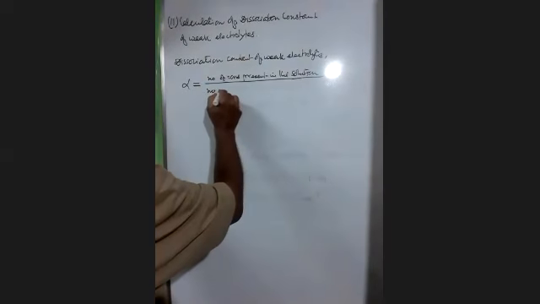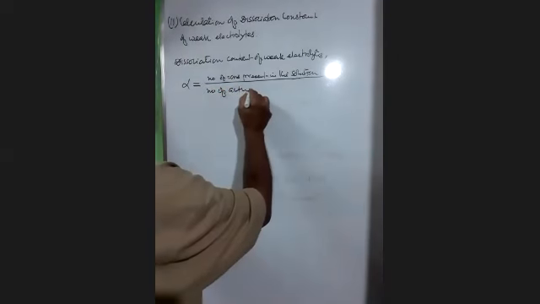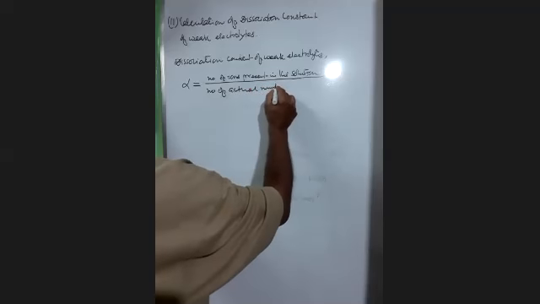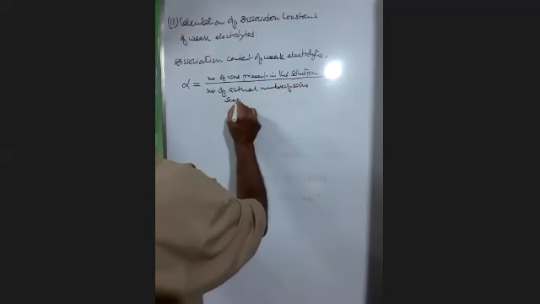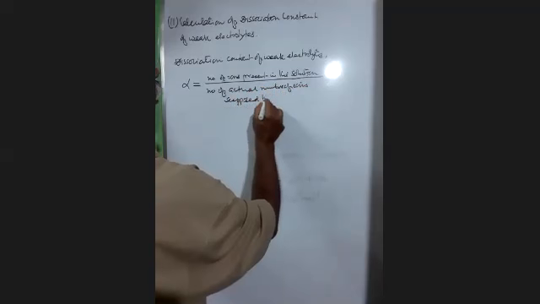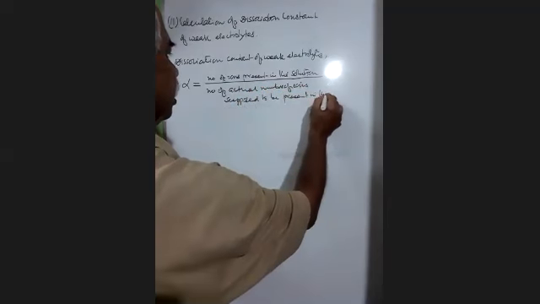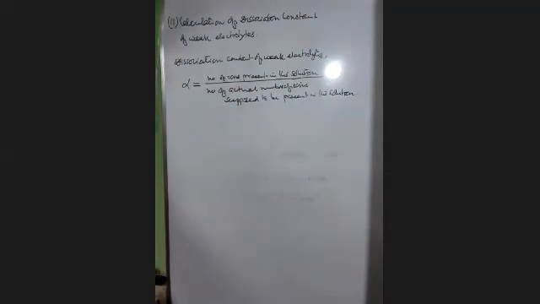And the actual number of ions, over the number of ions supposed to be present in the solution, when all the molecules undergo complete dissociation.